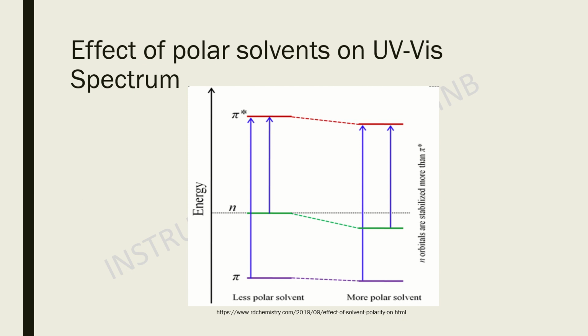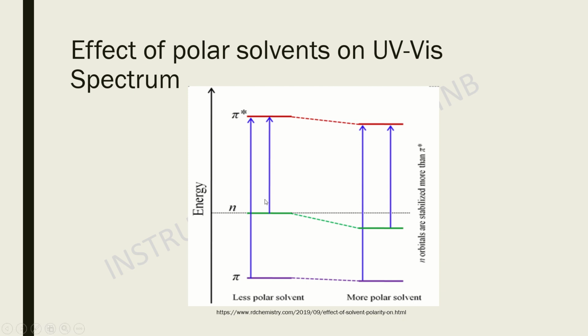in this picture. If we use a polar solvent, say for example water, oxygen will have lone pairs or non-bonding electrons. If we talk about the pi to pi star transition, electrons will tend to move towards the more stable state.